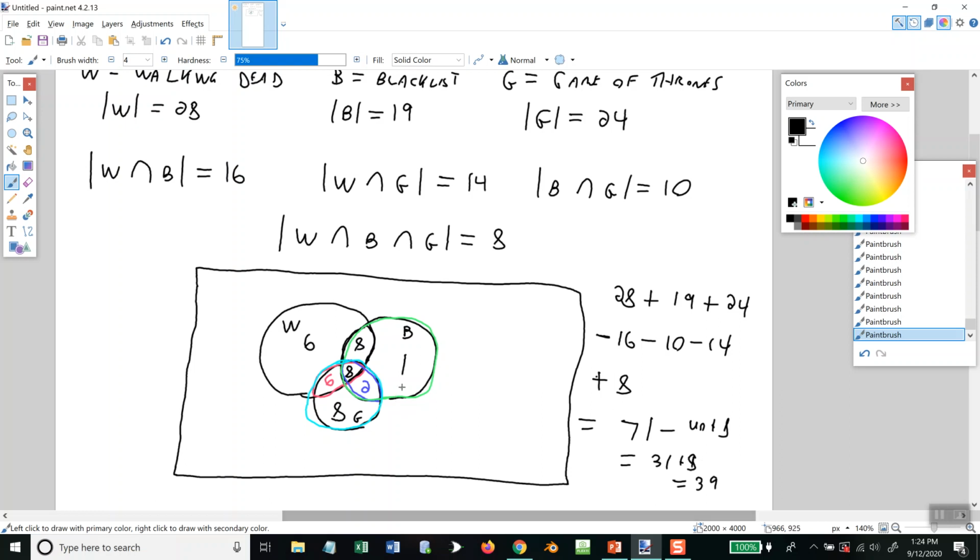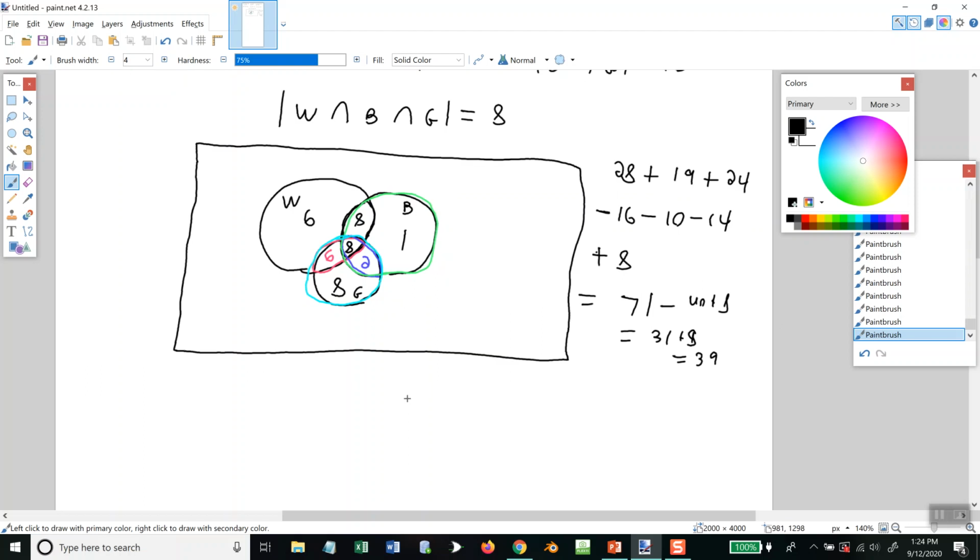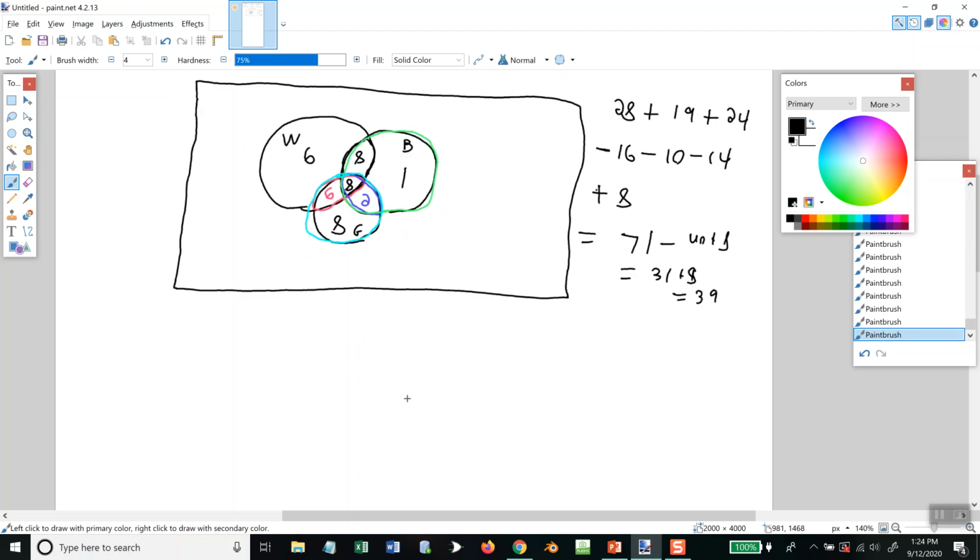Now, what we're doing there, let me write this out. We had the cardinality of Walking Dead, that's my 28, plus the cardinality of 19, that must be the Blacklist, plus the cardinality of Game of Thrones.